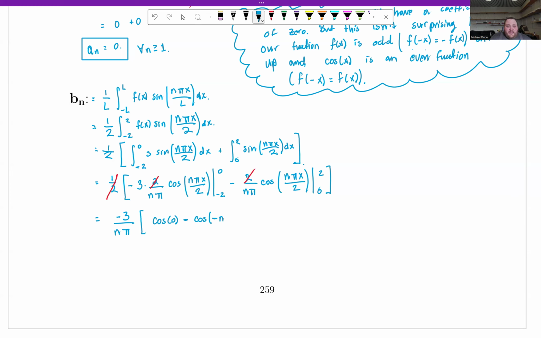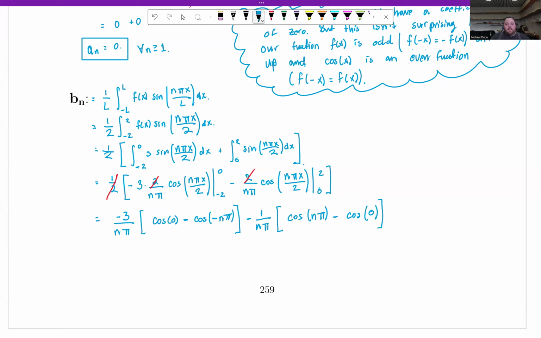We'll have negative n pi. Right? So if we plug in negative 2 for x, the 2's cancel out, but the negative sticks around. Same thing that happened before, except we're doing it in cos. Square bracket here. Good. Minus 1 over n pi, square bracket, cos of n pi, right? The 2's cancel out when we plug it in, minus cos of 0.